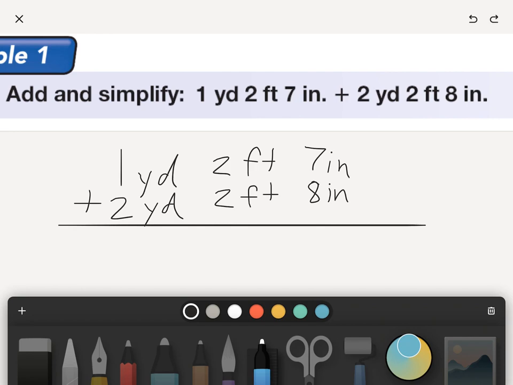but I have exceeded the amount of inches that I can do before it becomes another foot. Right? So in this case, we're not working in units of base 10. If we're talking about inches and feet, we're working in units of how many? 12. Good job. So once we hit 12, we're gonna want to carry it over to here.